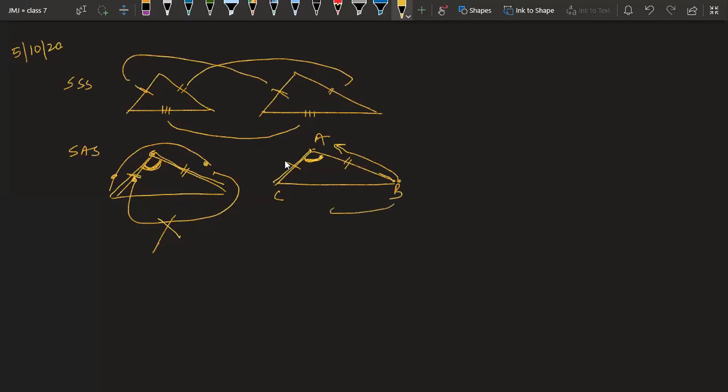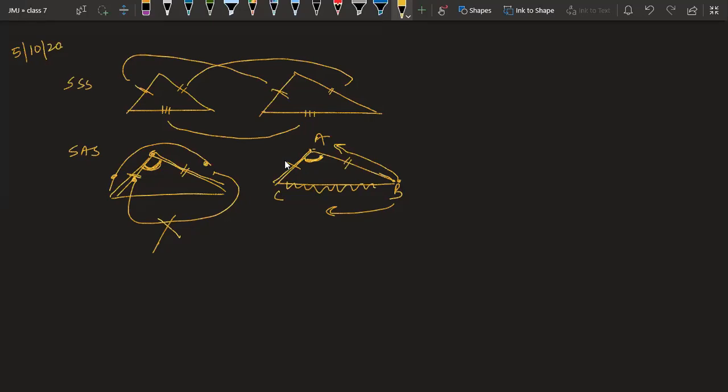But if I go in this direction, that will be wrong. Why will that be wrong? Because there is a gap in between. This BC will be a gap. So we need to avoid any gaps. So this was side angle side.